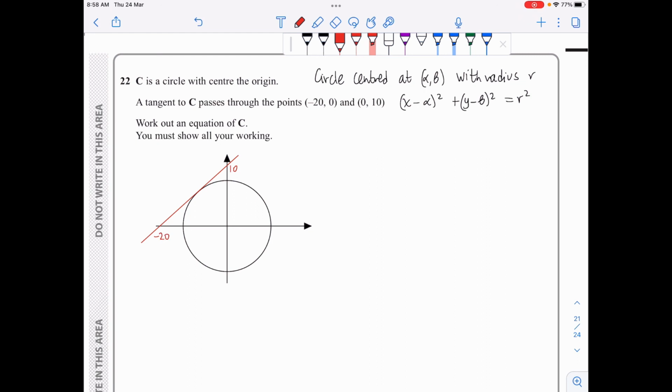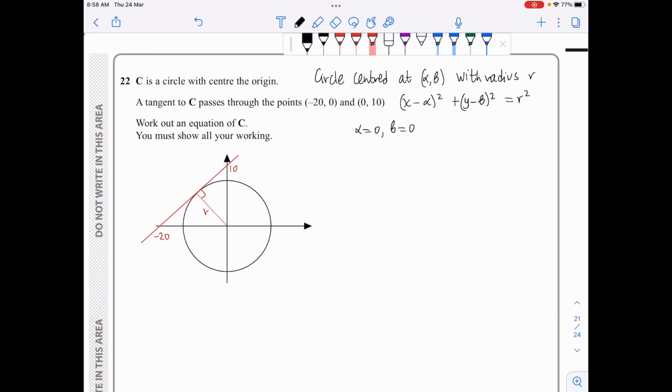And I notice that we've got the radius here, which, taking into account the fact that it's a tangent, means that this is a right angle here. So the idea is the following. We know that this being centered at the origin, alpha is 0 and beta is 0. We've got the center. We are only looking for r.